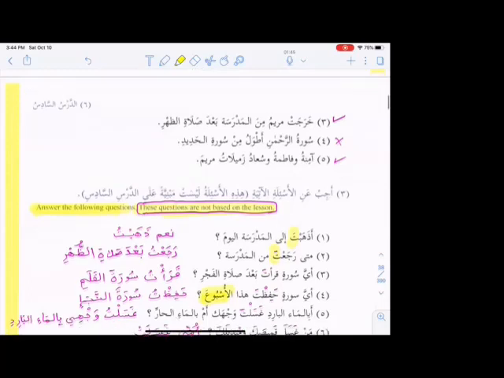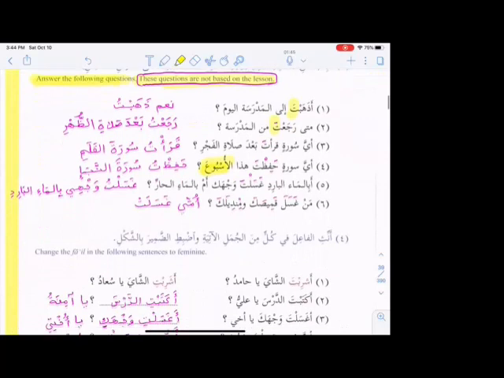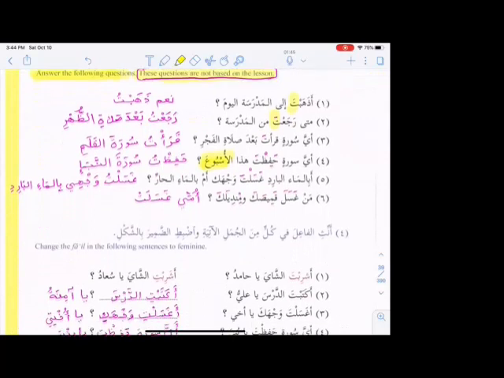Hafiztu Suratal Nabai. Abil ma'i baridi gasalta wajhaka am bil ma'i harrin? Did you wash your face with cold water or hot water? Gasaltu wajhi, I washed my face bil ma'i baridi, with cold water.